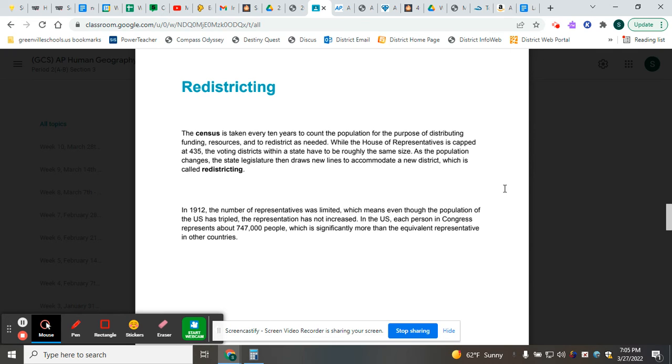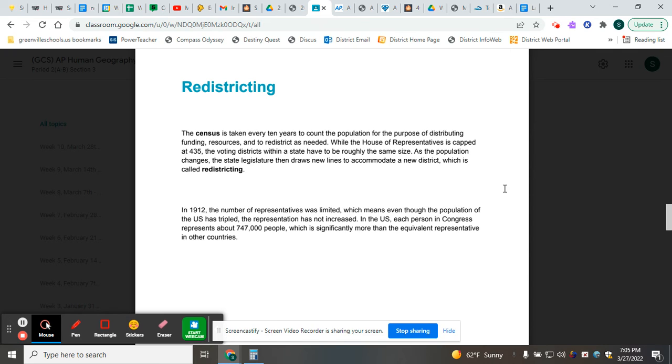There's going to obviously be some discrepancy there from district to district, but by and large, every congressional district is about 800,000 people today. What we call redistricting is once the census is done, we have to redraw lines based on where that population exists.